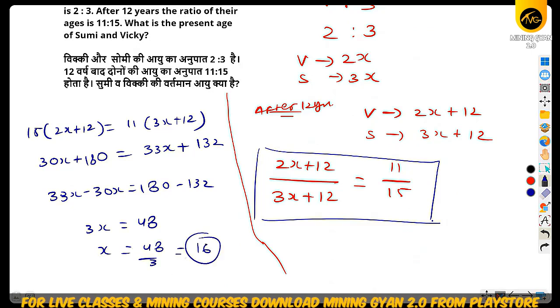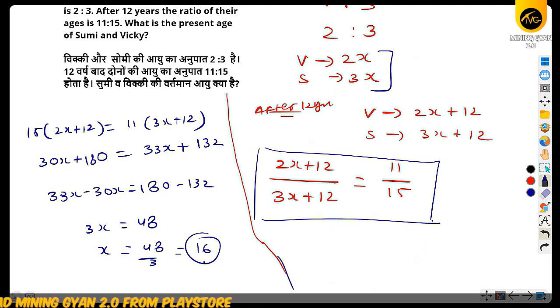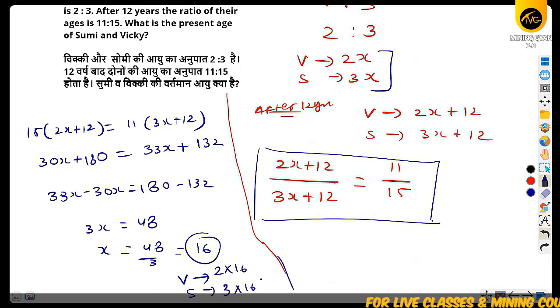So what is the value of x? x is 16. Now what is the present age of Somi and Vicky? Just put down the value of x in this expression. Vicky's age will be 2 into 16 and Somi's age will be 3 into 16.